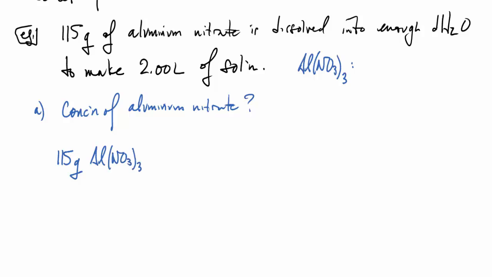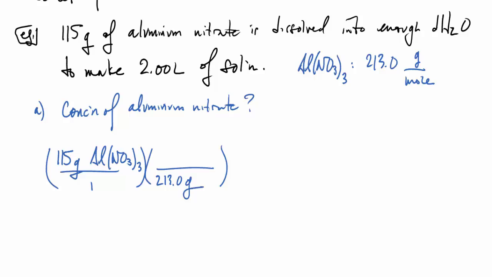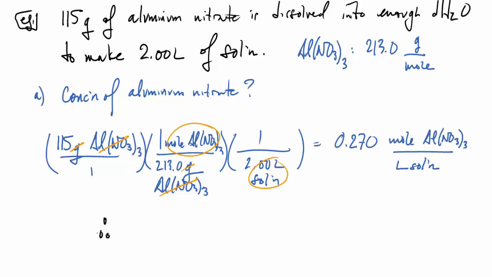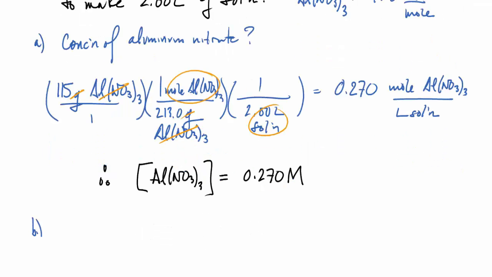I think it's 213 grams per mole, so we'll use that value here to turn this mass into moles, and then divide again by the volume of the solution, which is 2 liters. So I think if you do this, check the units, you get 0.270 mole of the aluminum nitrate per liter. And we can write our solution here. Concentration of aluminum nitrate is 0.270 mole per liter, capital M for molar.